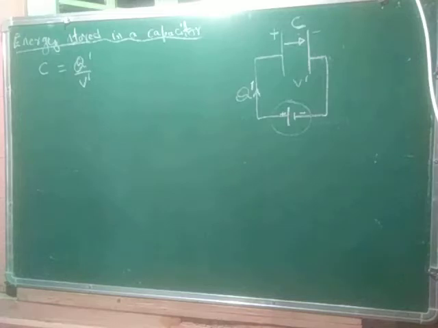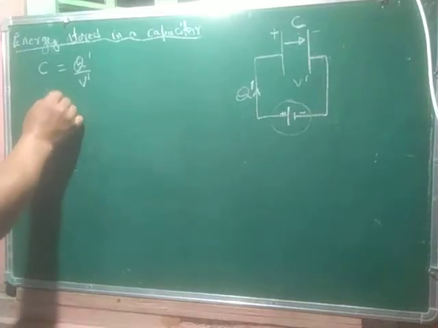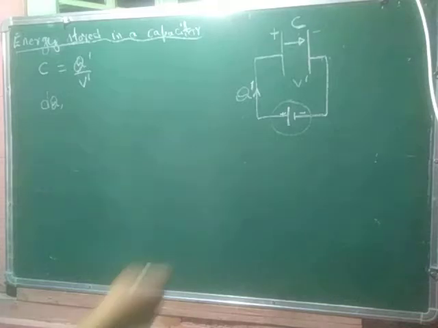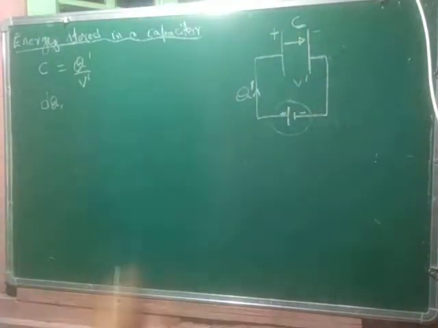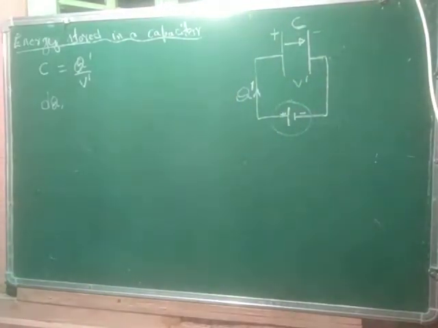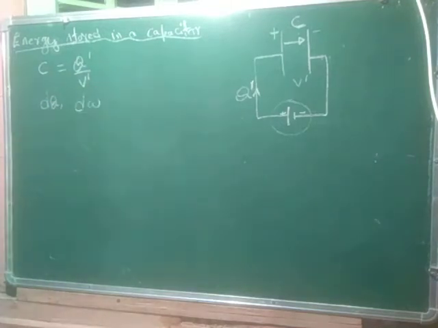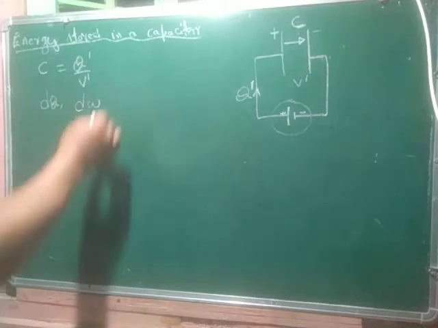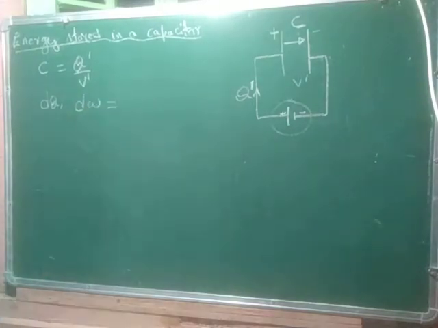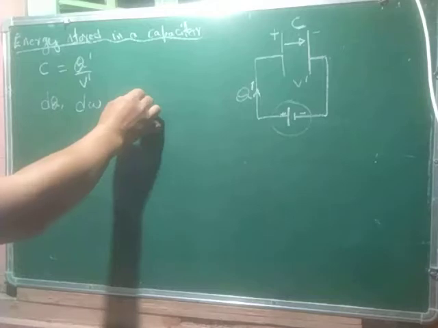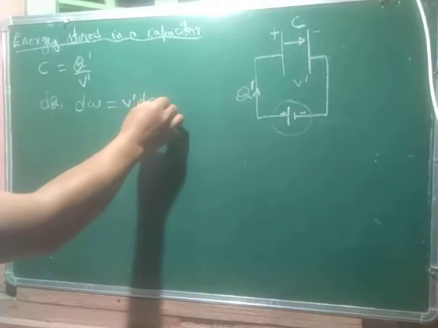Now if a small charge dq dash is further transferred from the positive plate to the negative plate, then a small amount of work has to be done, and that work is dW, given as V dash dq dash.